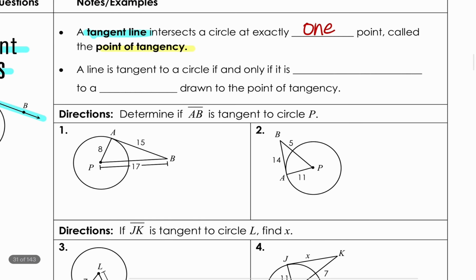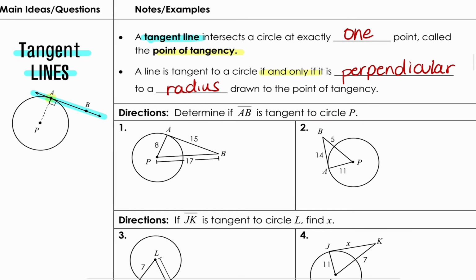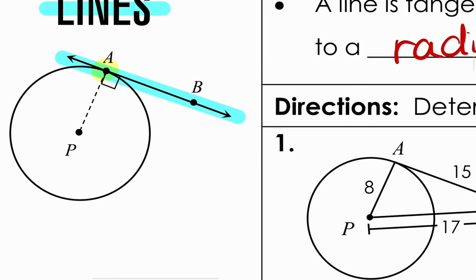A line is tangent to a circle if and only if it is perpendicular to a radius drawn to the point of tangency. So if the line and the radius are perpendicular, then the line is tangent to the circle.